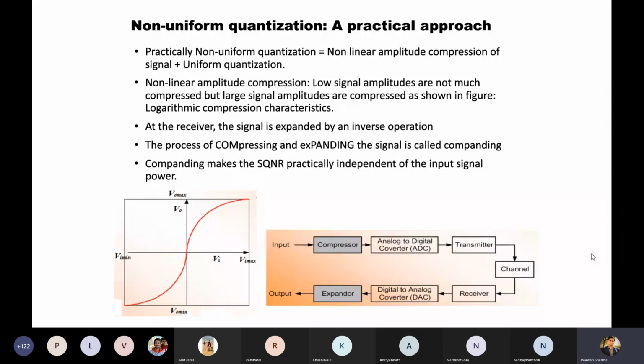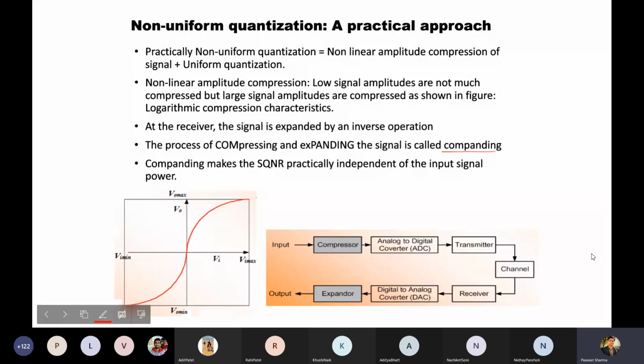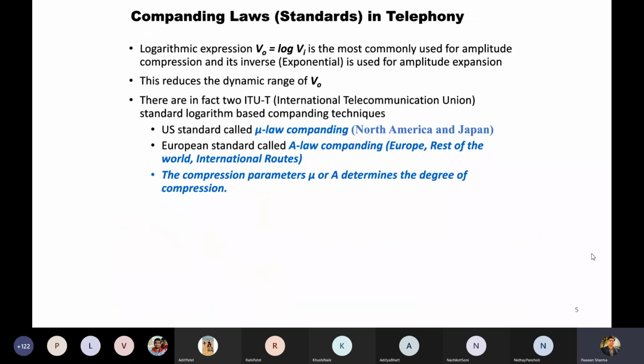Whenever you hear the word compounding, it is related to non-uniform quantization. So you have to relate terms like this. I'll share this PPT with you. Then we have seen certain compounding laws, mu law and A law.